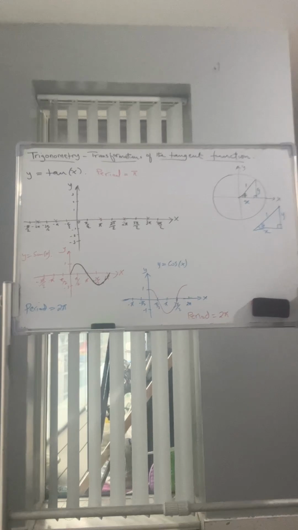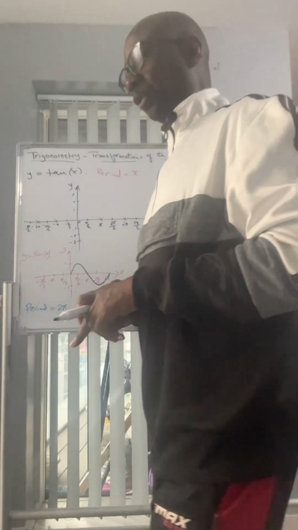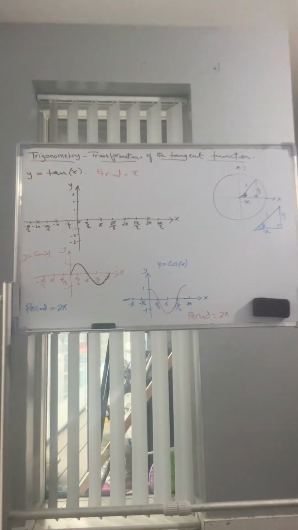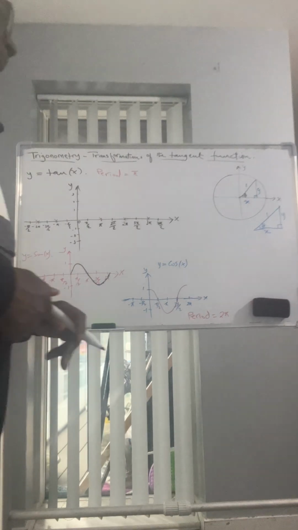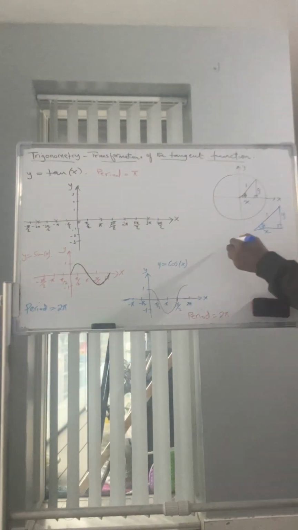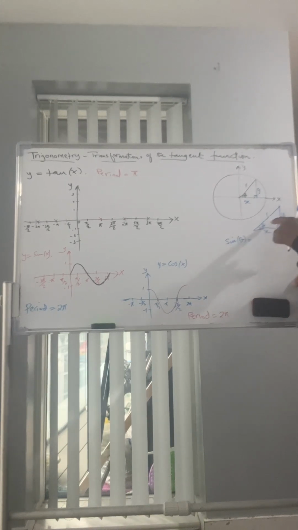So from that acronym we all know, SOHCAHTOA, we know that the sine of theta is equal to opposite, which is y, all over hypotenuse, which is 1. So y over 1 is just y.